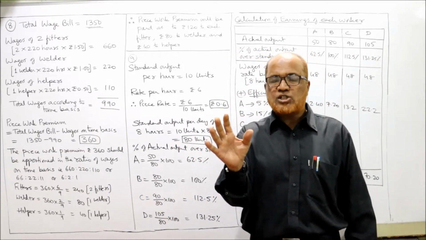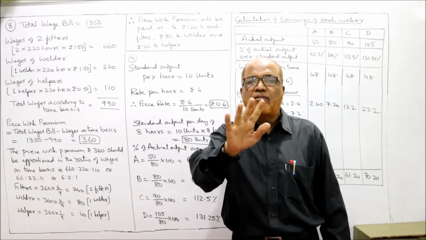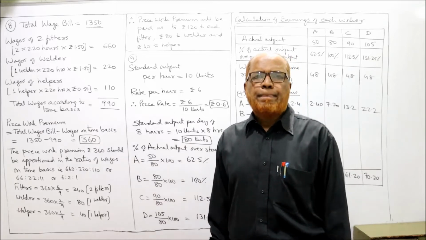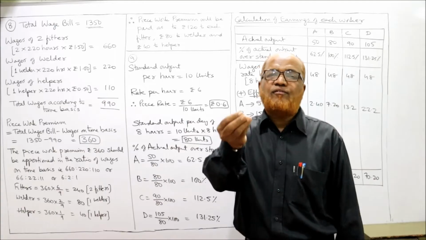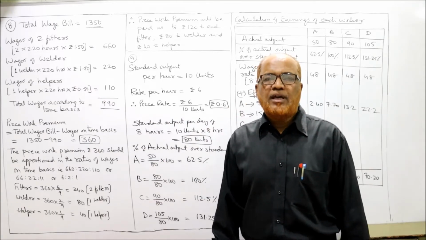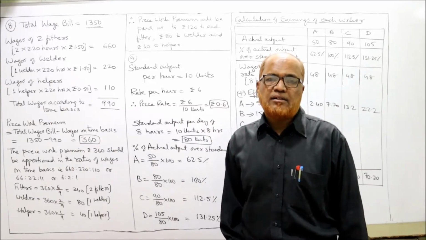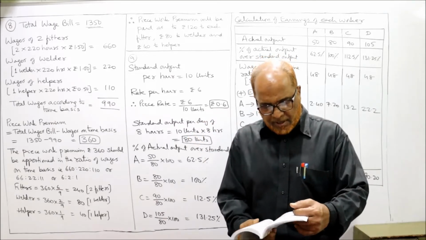So if a worker has produced up to 48 units per day, he will not get any bonus. He is not at all efficient. He has to make 80 units, but if a worker makes up to 48 units, he gets no bonus. He is producing less than 60% of the standard. So up to 60% no bonus will be given.